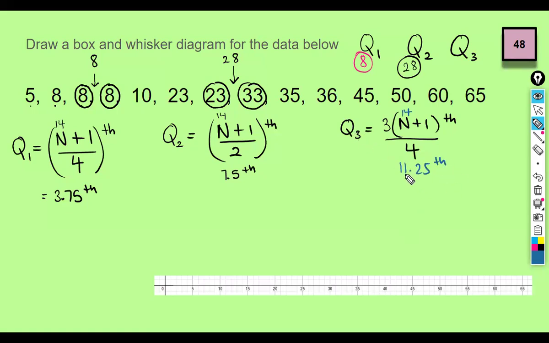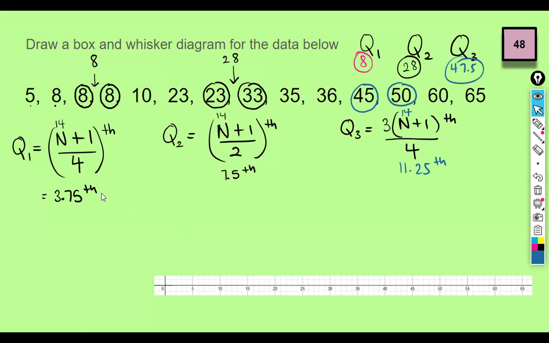So Q3 is in between the 11th and 12th position. 1, 2, 3, 4, 5, 6, 7, 8, 9, 10, 11th position and 12th position. Who lives in between those two? Add 45 and 50 and divide it by 2. I'm getting 47.5. I think a few people need to check Q3.